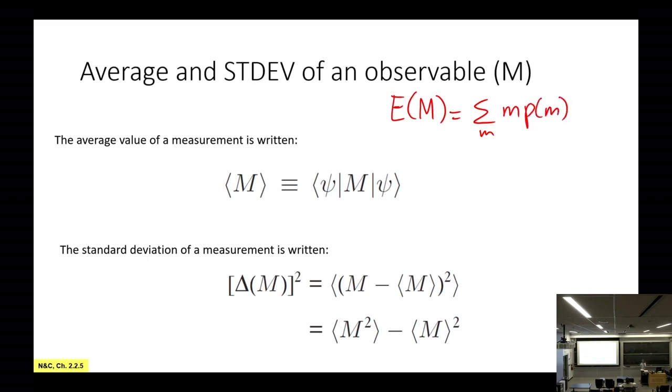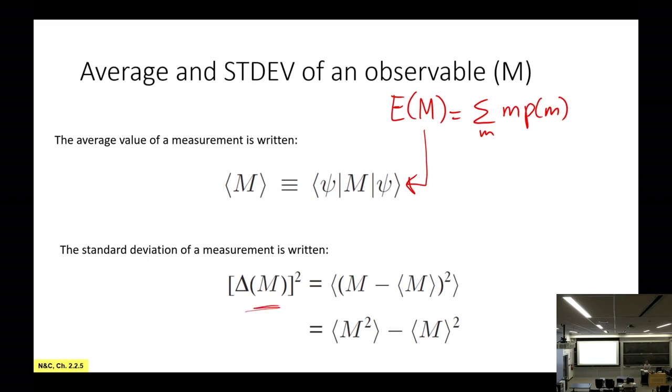So we can expand it out, which gets you to this form. So the average value is equal to the inner product of the state with the measurement operator. The standard deviation of the measurement can then be written as I have it expressed here.